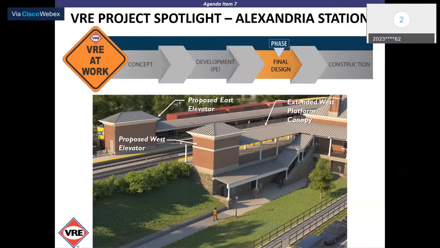As the bar at the top indicates, we are in the final design phase. There's an artist rendition of what some of those improvements will look like. Just want to remind you the primary purpose of this project is to eliminate the at-grade pedestrian crossing and provide elevator access to the east platform.